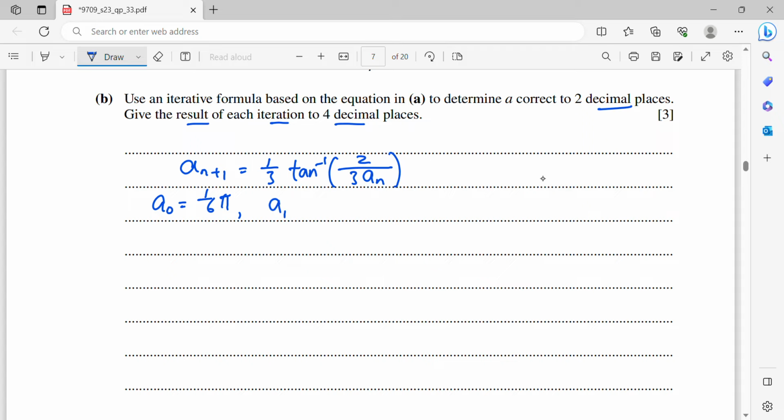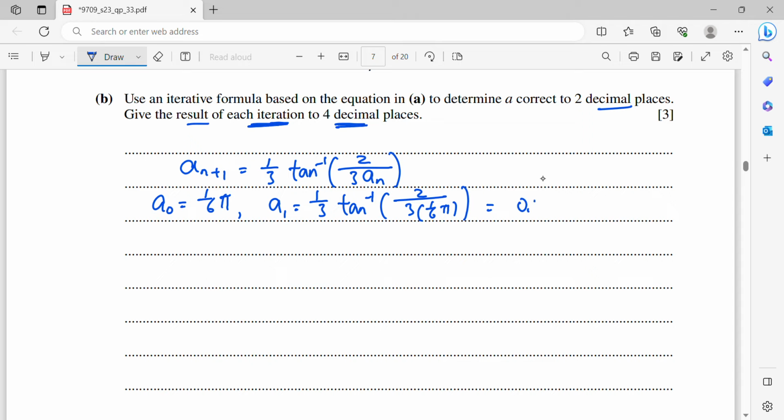So now I will choose a naught is 1 over 6 pi. Then from here I will get a1, which is 1 over 3 inverse tangent 2 over 3 times 1 over 6 pi. Now, when you calculate this value, make sure you change the mode of the calculator to radians. Okay, and now for the result of each iteration, it will be 4 decimal places.